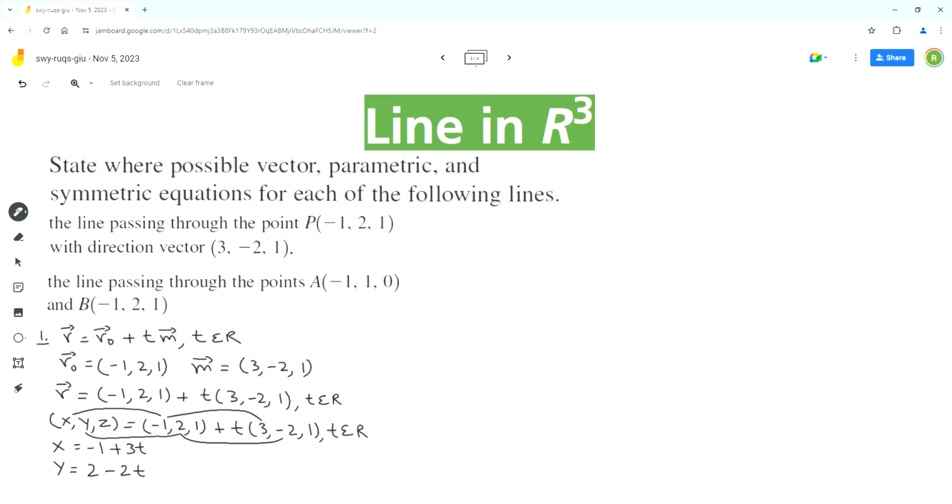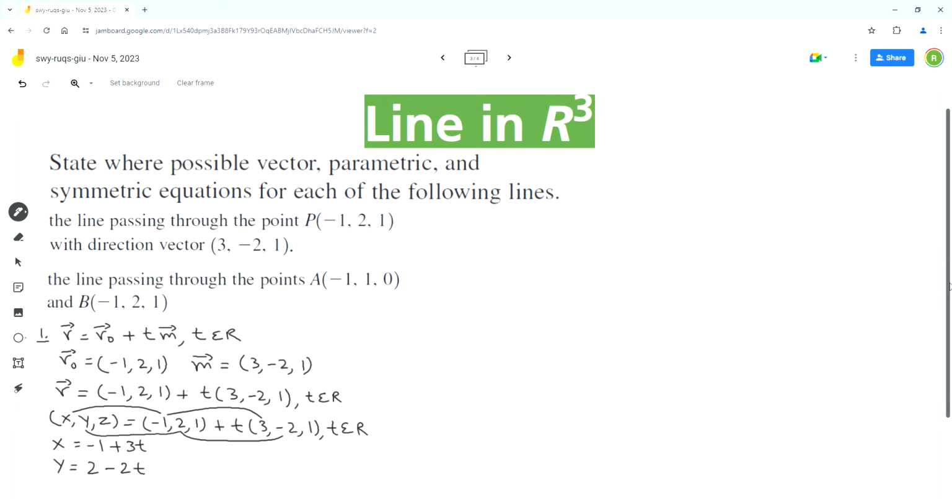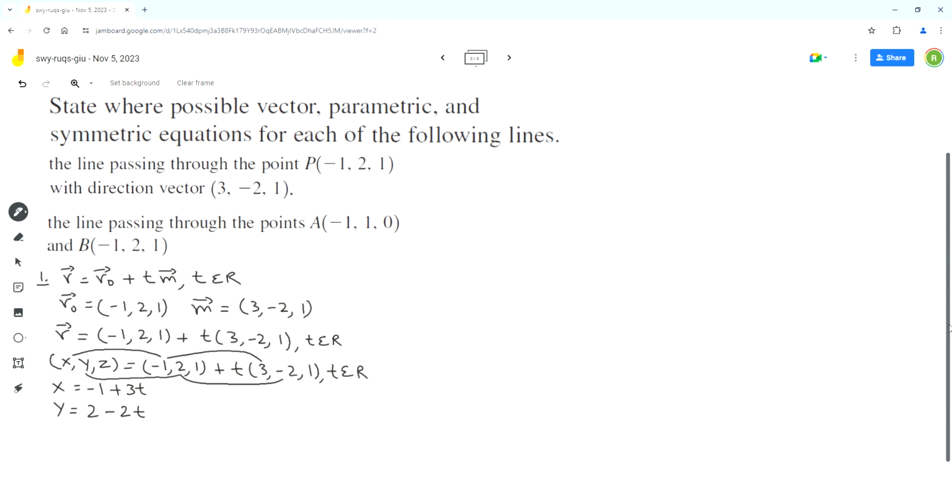And next, we can write the z equation using the z components of the vectors. So these are the parametric equations for this line.